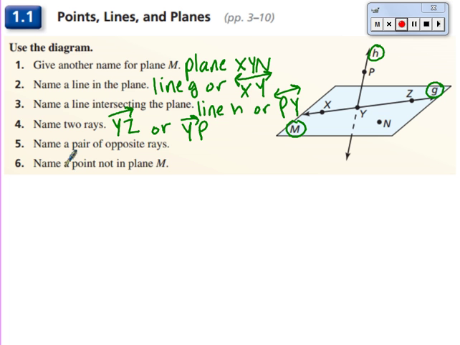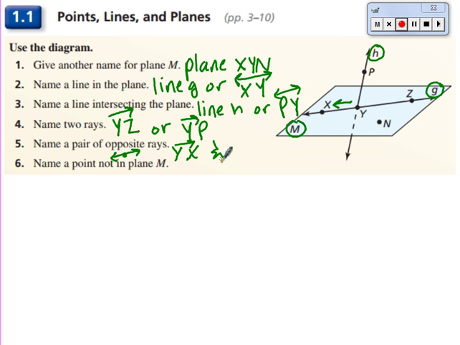Now, number 5, name a pair of opposite rays. When you name opposite rays, you have to be careful. Together, opposite rays should form a straight line. So opposite rays share an endpoint, but go in opposite directions. So, for example, I could name the ray that starts at Y and goes towards X. So I would say YX, with the ray symbol.